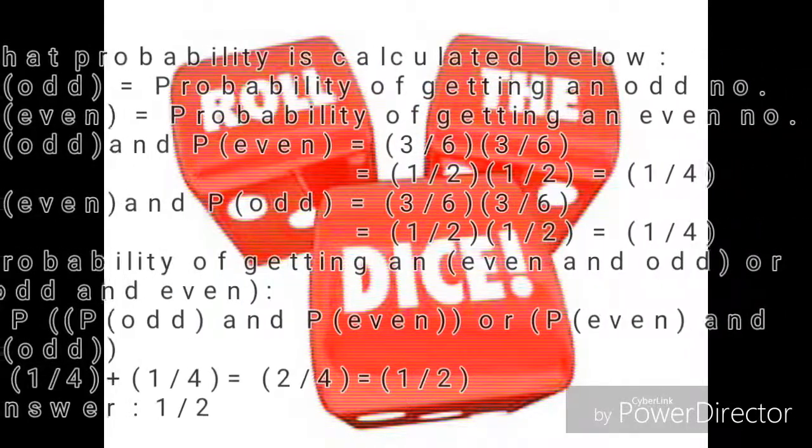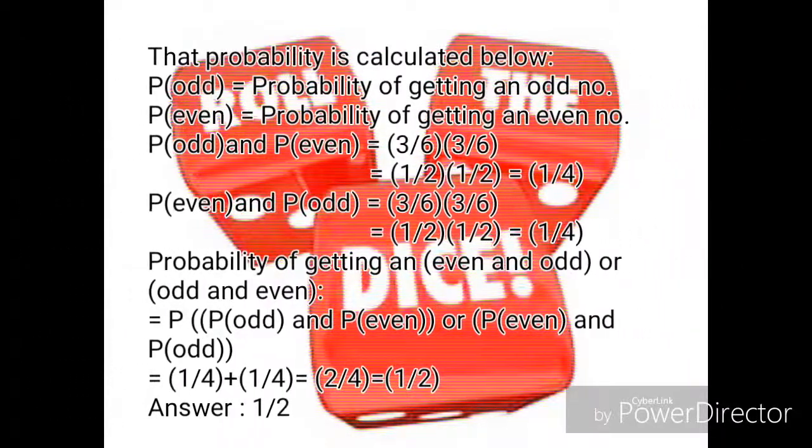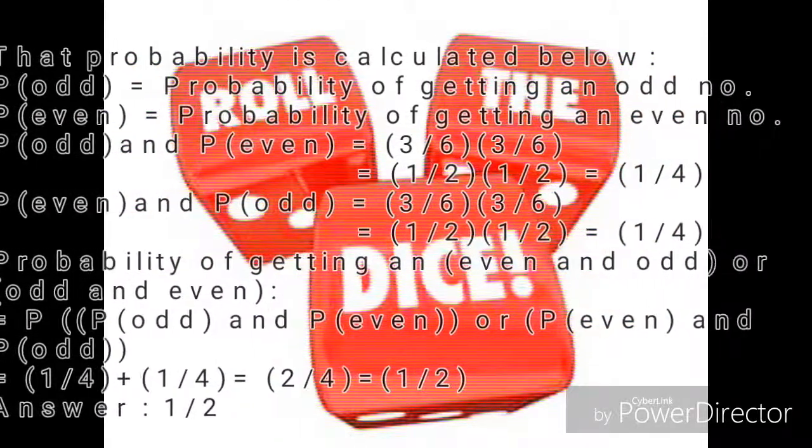Probability of even is equal to the probability of getting an even number. Probability odd and probability even is equal to 3/6 times 3/6, which is 1/2 times 1/2, equal to 1/4. Probability even and probability odd is equal to 3/6 times 3/6, equal to 1/2 times 1/2, equal to 1/4.